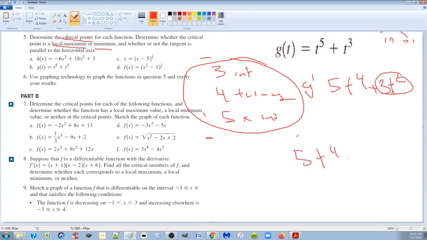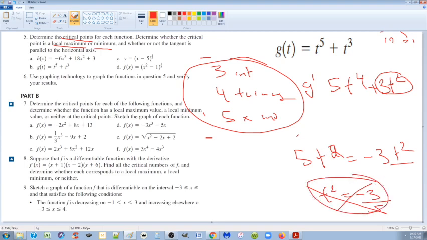I get this. Divide by t squared on both sides. I get that. t squared is equal to minus 3 over 5. That can't exist. So that means that there is no turning point there. Interesting stuff.